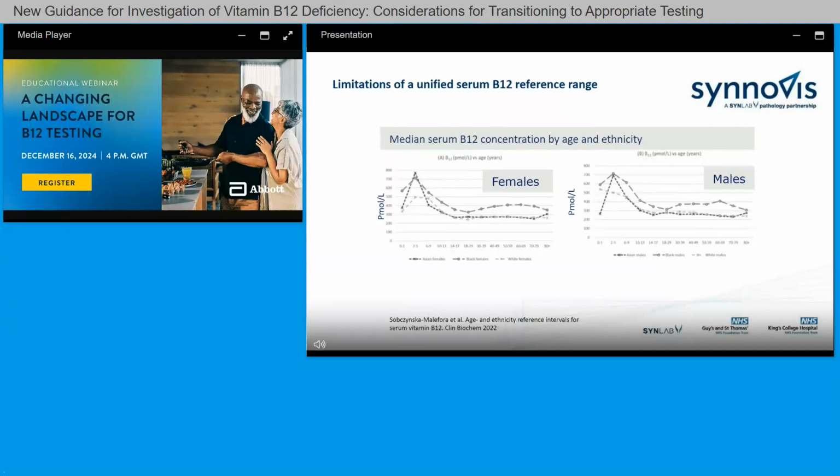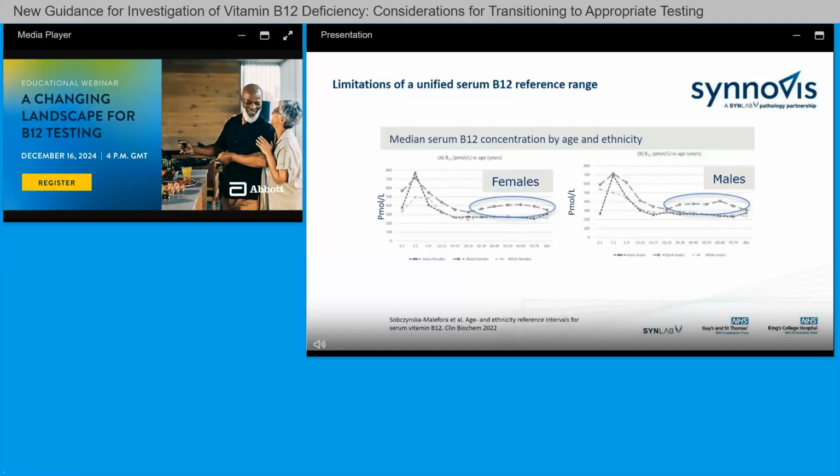And there's growing evidence in the literature in the last few years how using a reference interval based on mainly a Caucasian population may cause a health inequality for patients from a Black family background. If you use a unified reference interval derived from mainly Caucasian or Asian people to interpret results from a Black family background, there is an increased risk of missing a deficient state.